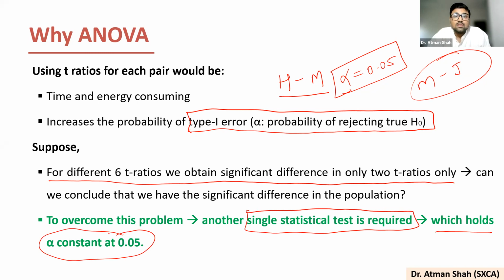If you perform 6 independent samples t-tests, in each and every t-test your alpha is 0.05, so in each t-test you are allowing 5% error. But here, we need a single statistical test holding alpha constant at 0.05.